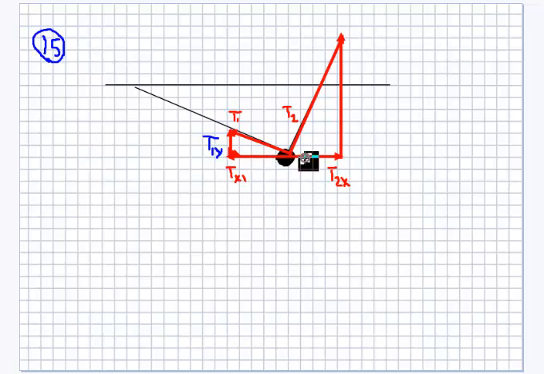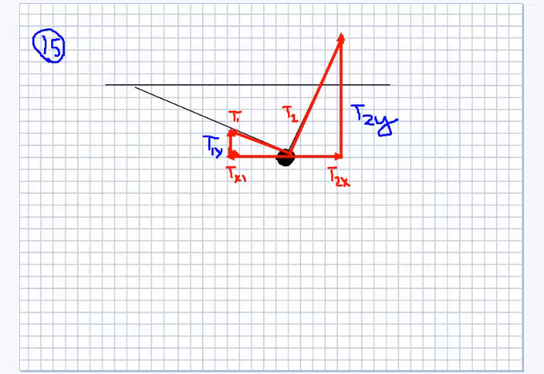Remember, the key to the problem is recognizing that the two x tensions must be the same. So this is T2y here. And now the rest of the problem is pretty much solved for you here. You can see the sizes of T1 versus T2y, and you can also see the sizes of T1 versus T2.